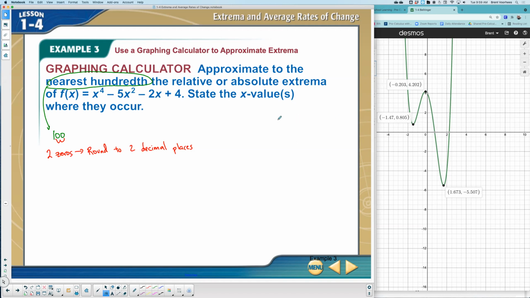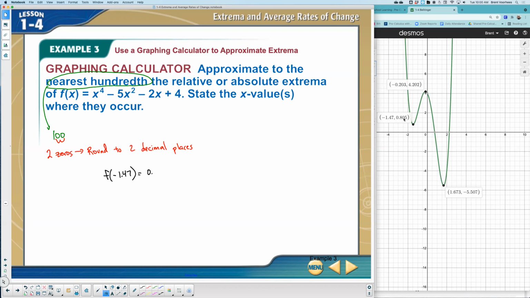First one, the x is in good shape already. So we'll say f of negative 1.47 equals, all right, I have to round the y value. I need it to be 2 decimal places. Does a 5, I think y'all learn in DISD, raise the score or let it rest? 5 or more, raise the score.